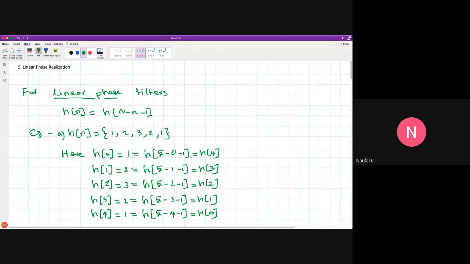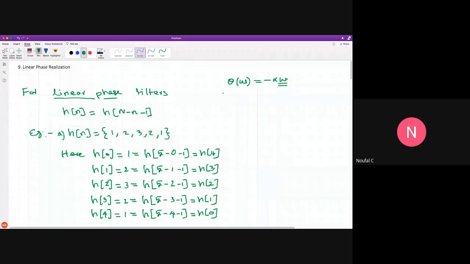Linear phase filter means, I will just give you an introduction, that the phase angle of that filter, or the change in phase with respect to frequency, would be a constant times the frequency. The phase angle changes directly proportional to the frequency. So that is the meaning of linear phase filter.